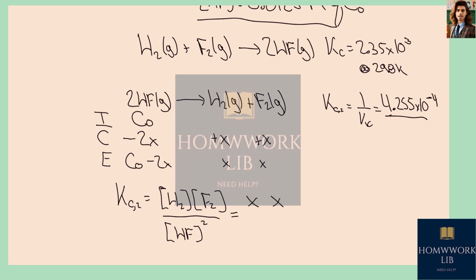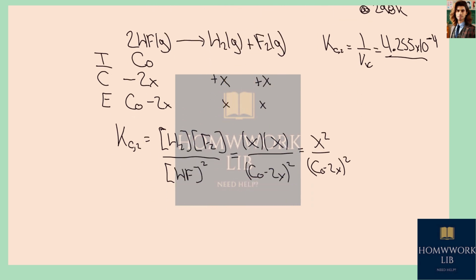Replacing the values that we found at equilibrium, x, x, C0 minus 2x squared. This is x squared divided by C0 minus 2x squared. Now, what we are going to do is take the square root on both sides of the equation. So, square root of Kc2 is going to be equal to x divided by C0 minus 2x.